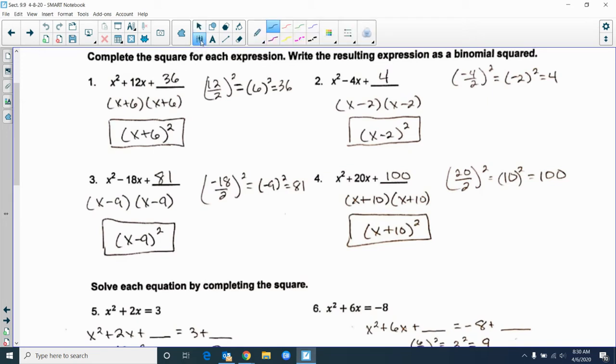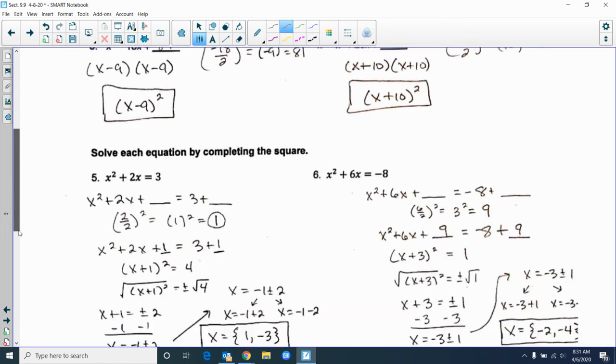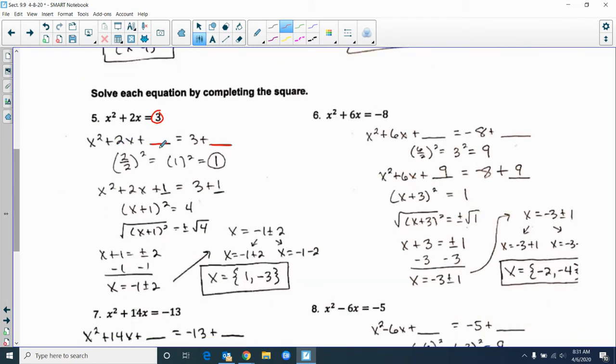That's what we want to complete the square to help us solve some of these equations. When we get down here to solving the equations, the constant needs to be on this side, and then we add a term to make our left side factor into something squared. In this case, half of 2 is 1. 1 squared is 1, and that's what goes in each of those spots.